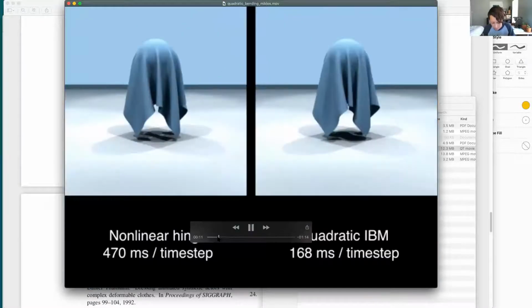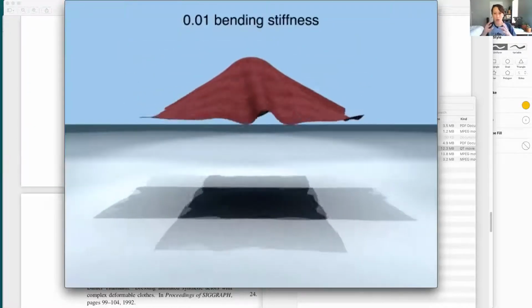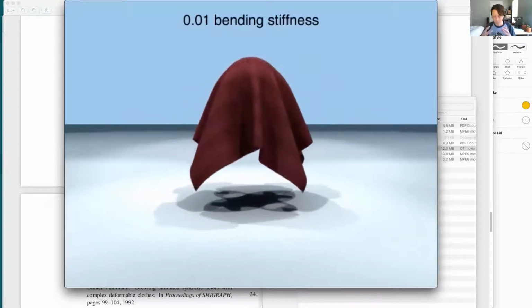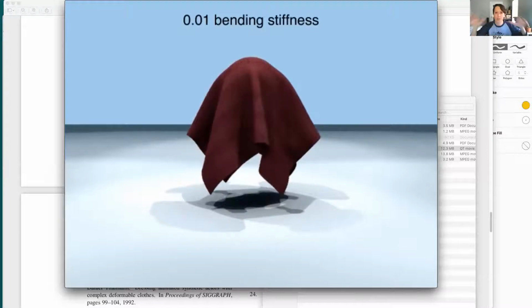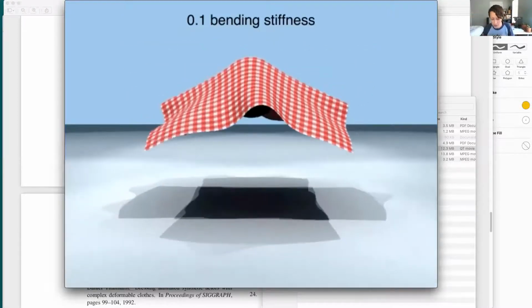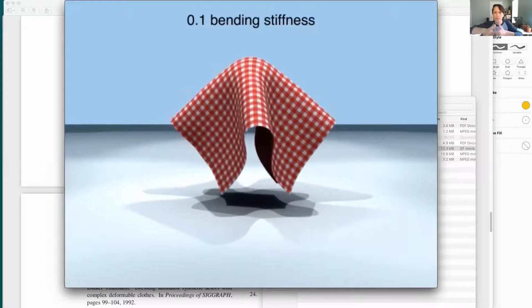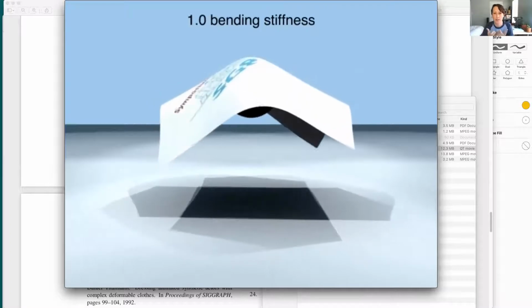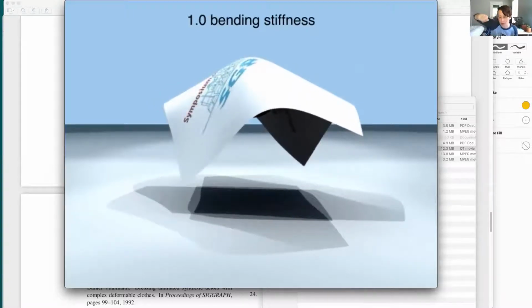So this is really typical in fabric papers in the graphics literature. What they'll do is they'll take a canonical setup, like this one, a square of cloth over a sphere you see all the time. And what they're doing is taking that bending parameter, how much the change in angle affects the final outcome, and all they're doing is tuning that spring.